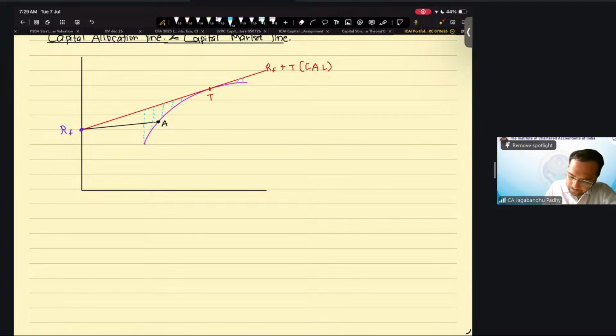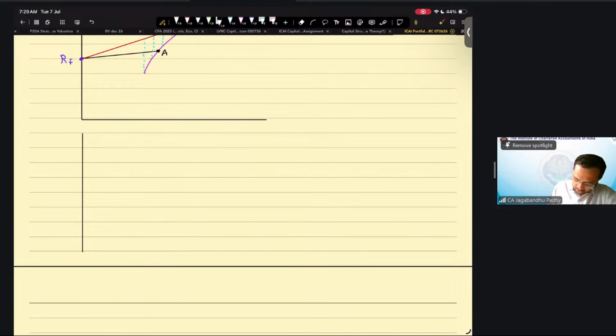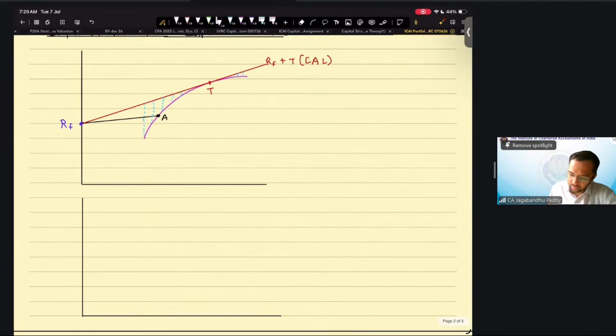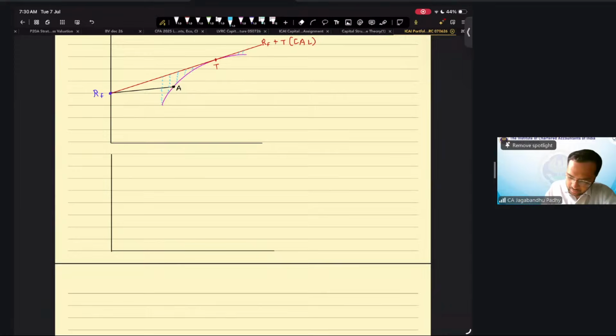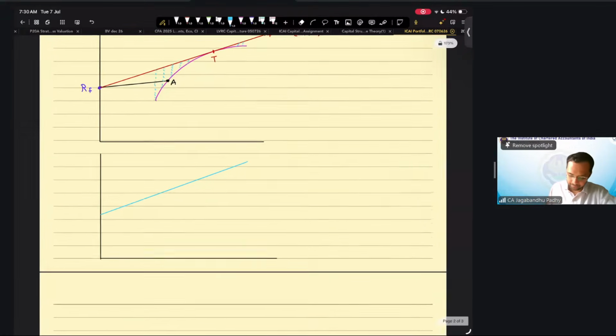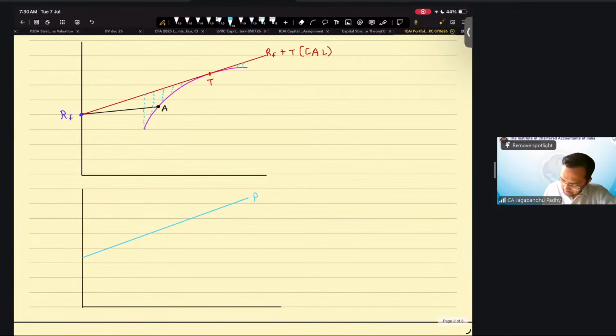Ultimately, what we are going to observe in the market is that there's not going to be any efficiency frontier. Rather, we will find just a straight line, which will have the combined effect of risk-free security plus the market portfolio, because the entire market is over here now. All the securities are shifted to the upper side. And therefore, this is now going to be called the capital market line.